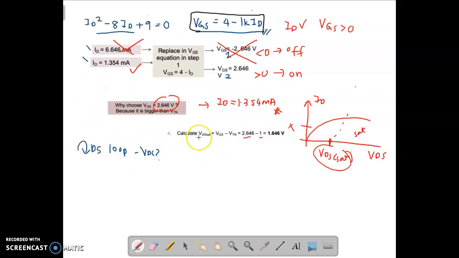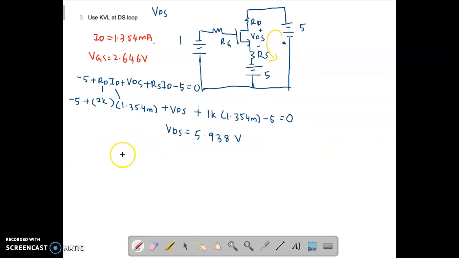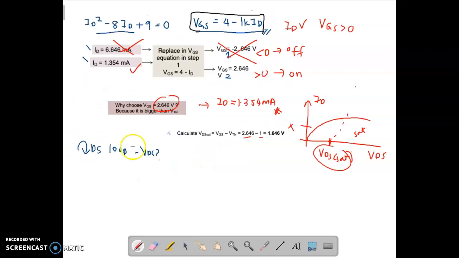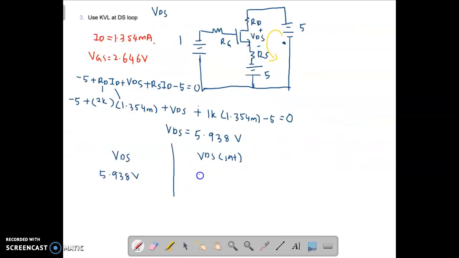Okay, so what do you need to do now? Just now you know your VDS set is 1.646 volt. Your VDS from the DS loop is equal to 5.938 volt. So is your VDS larger or smaller?